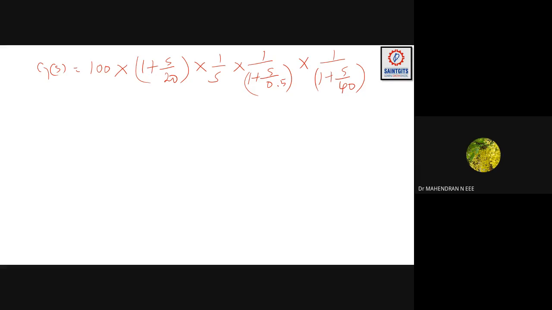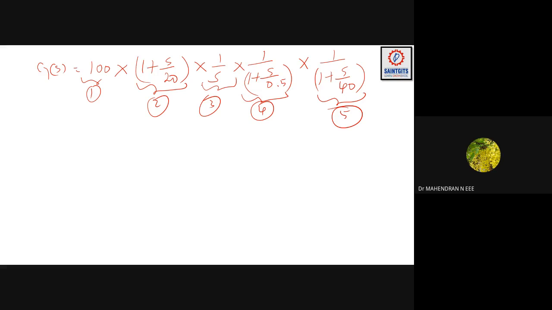Is that clear? So totally how many terms are we getting? This is the first term, this is the second term, this is the third term, this is the fourth term, and this is the fifth term. So we are getting 5 terms.